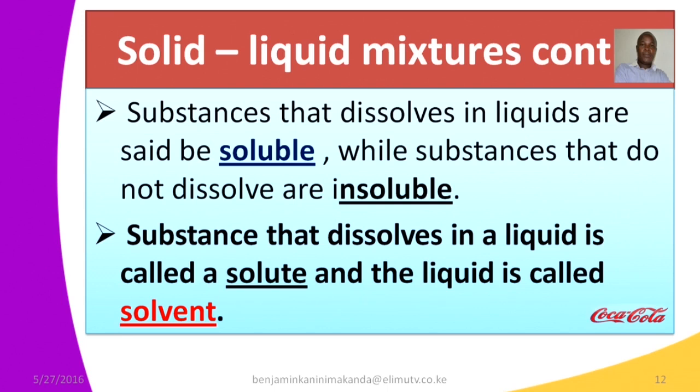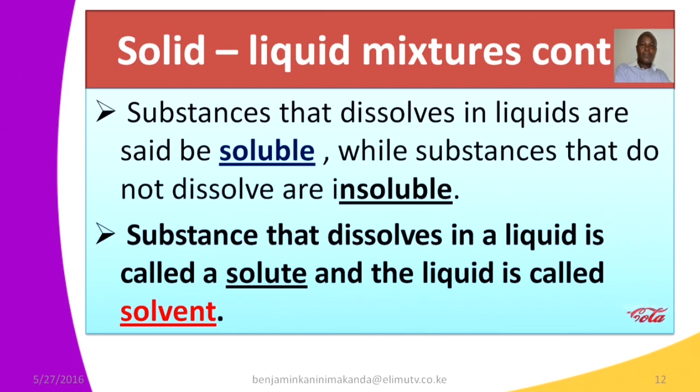If you take sugar and you put it in tea, then sugar is going to dissolve. So in chemistry, sugar becomes our solute, and the tea that dissolves the sugar becomes our solvent. Therefore, what is a solute? A solute is a solid that dissolves in a liquid to form a solution.